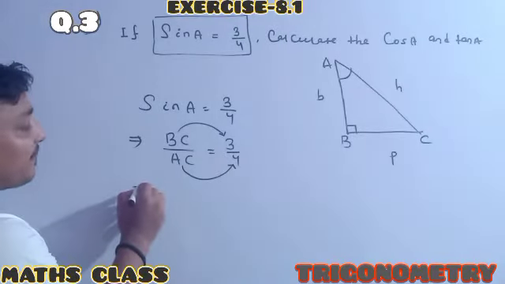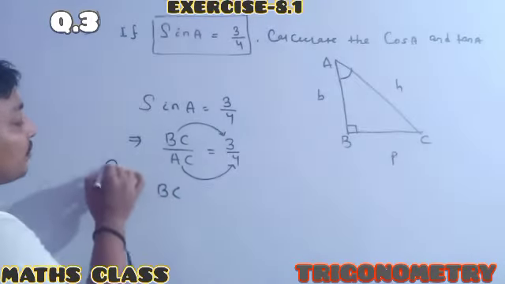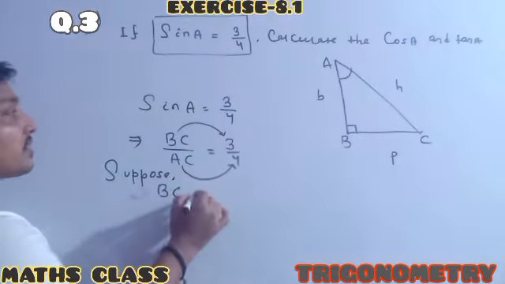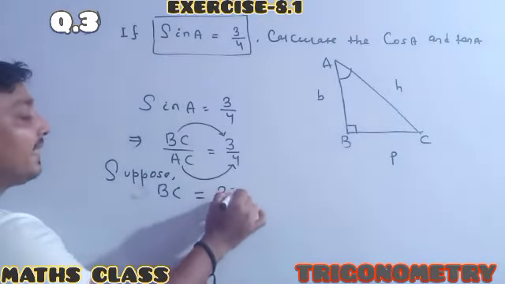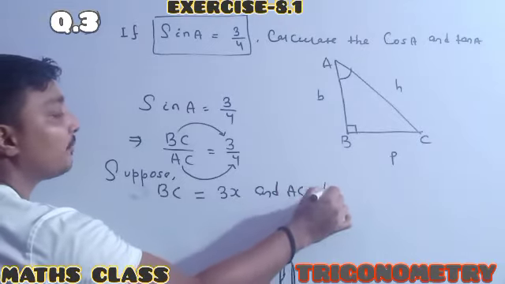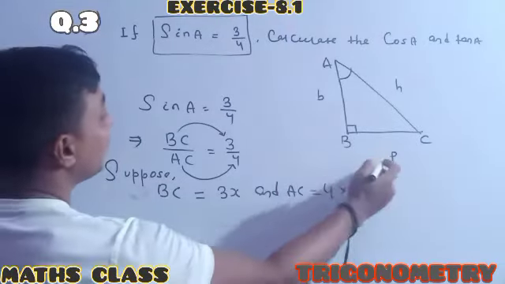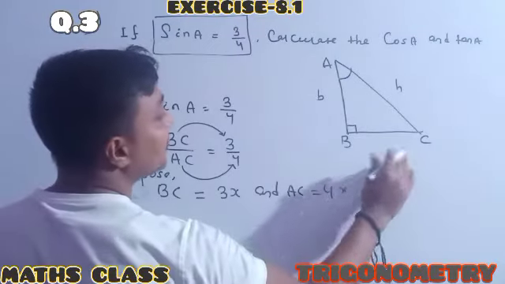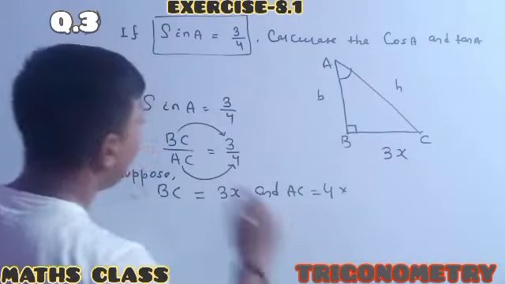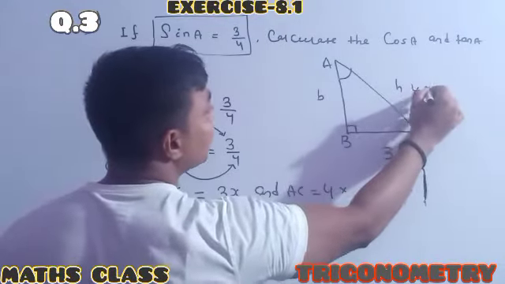So suppose BC is equal to 3x and AC is 4x. BC is this one, 3x, and AC is this one, 4x.